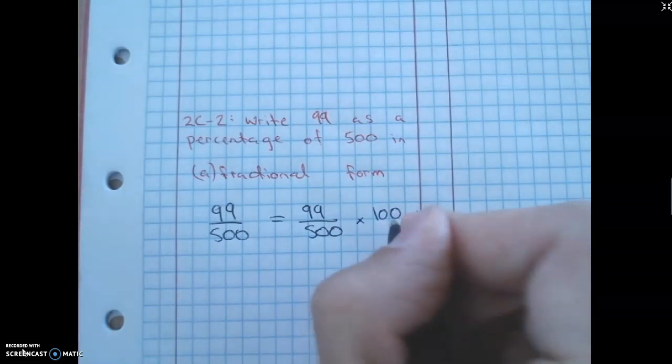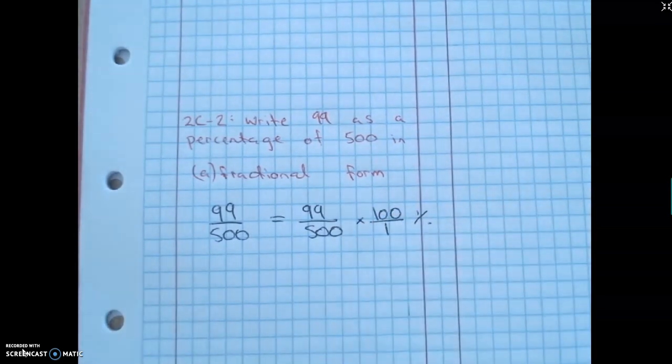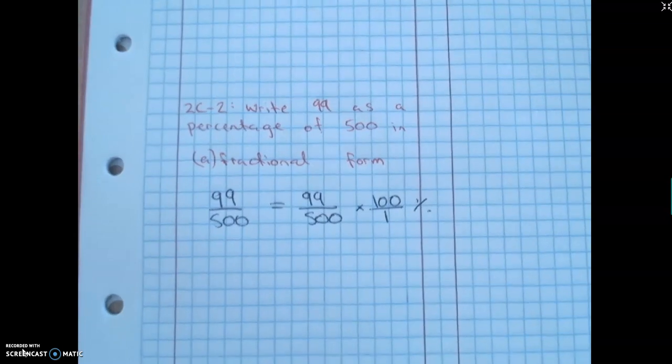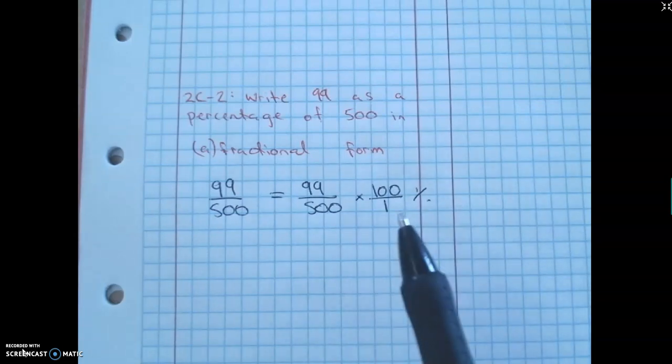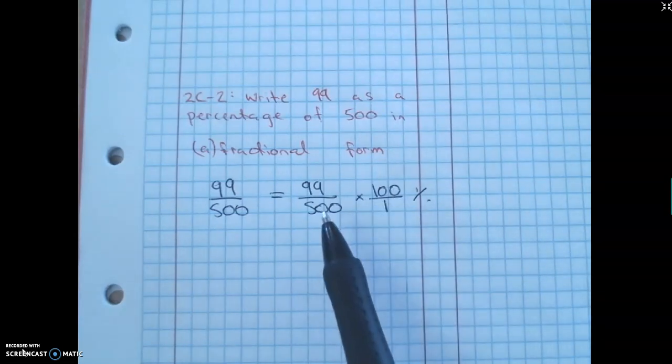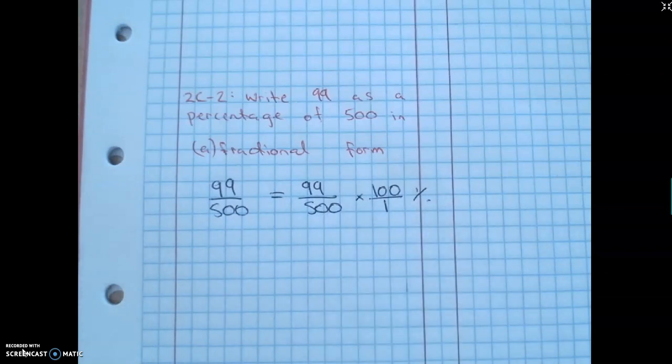Same thing, I'm going to write this over 1 so we can do some of that cross cancellation. Now, if I've got 100 here and 500 here, what would be a good number to cancel out? Good, I'll divide by 100.